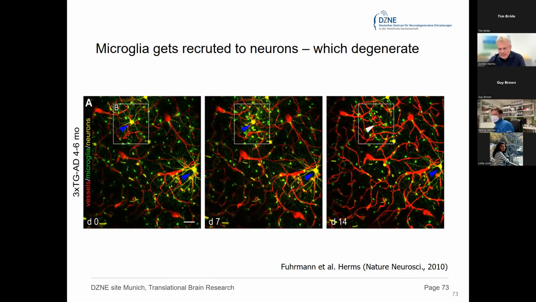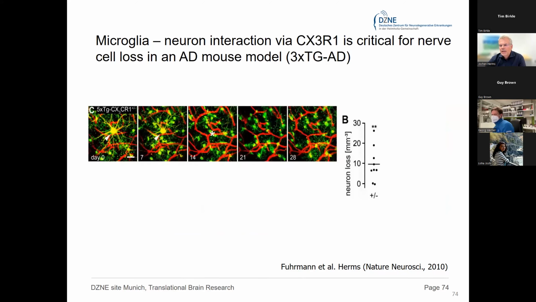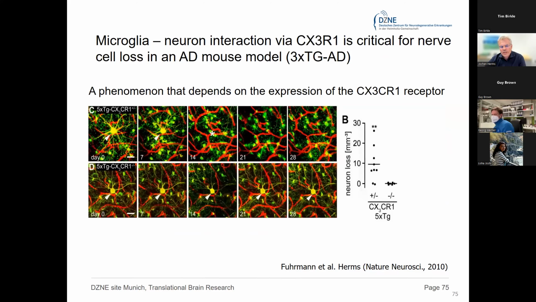So luckily, the GFP in the CX3CR1-GFP mouse is within the locus of the CX3CR1 receptor. So the homozygous mouse is lacking the CX3CR1. And we compared the nerve cell density and looked at nerve cell loss in the heterozygous compared to the homozygous CX3CR1 mouse.